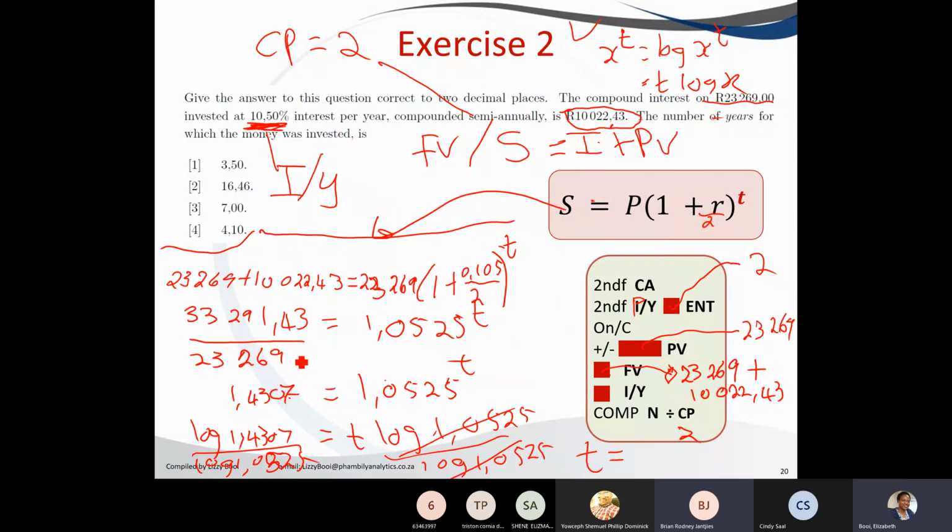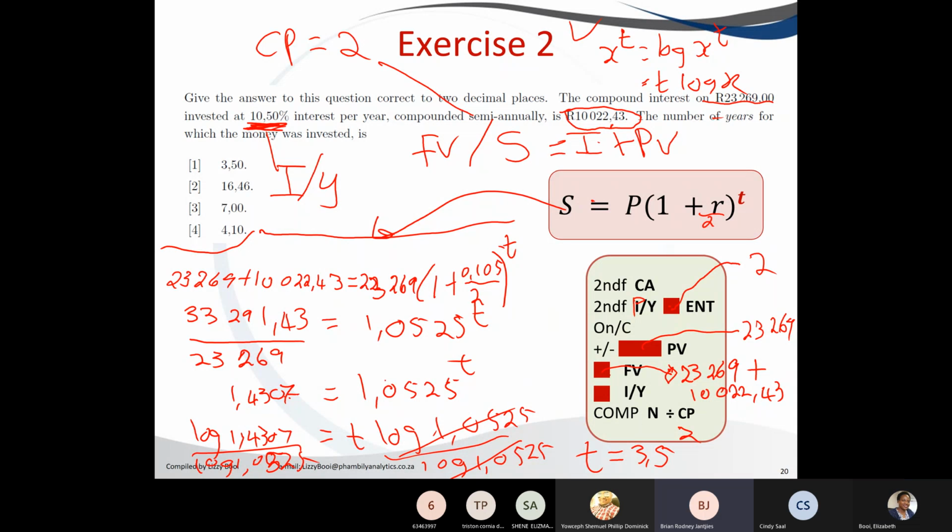And divide by the log of 1.0525, that is 0.04336278. Okay. And then I got the answer of 3.5873. 3.5. Yes. And then, so your answer.